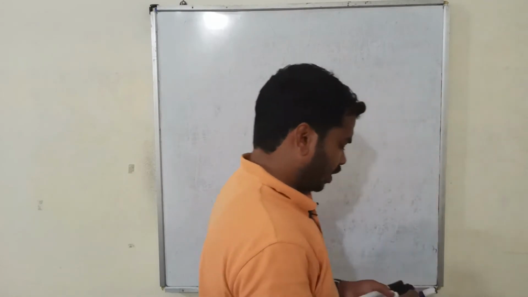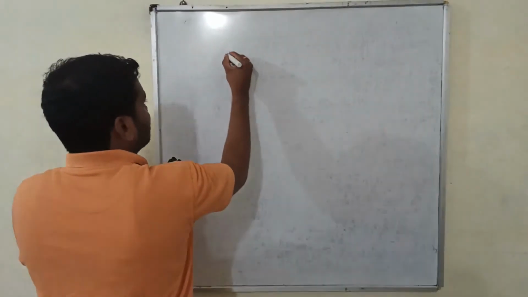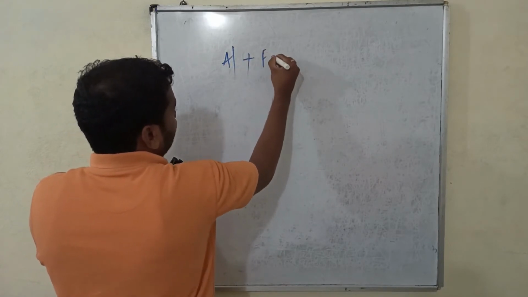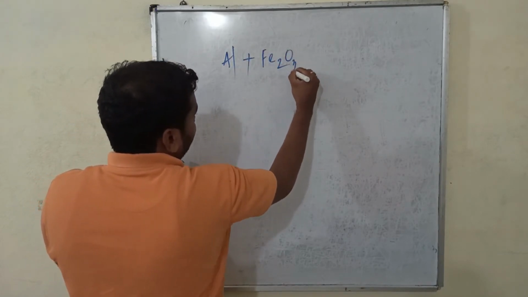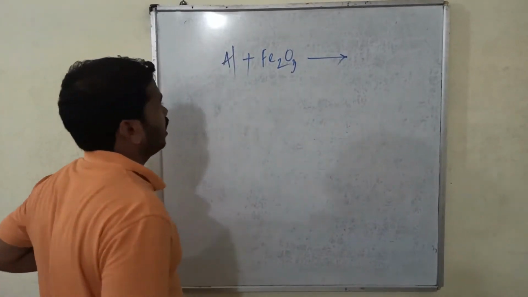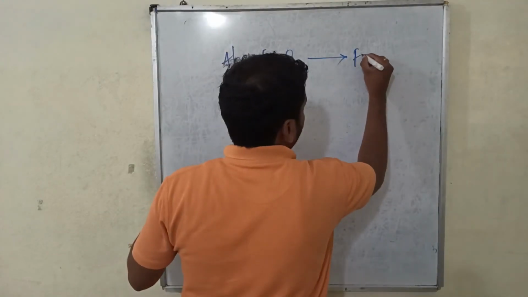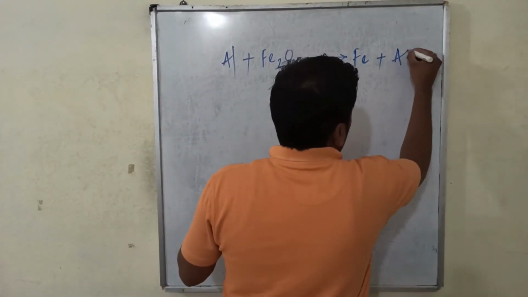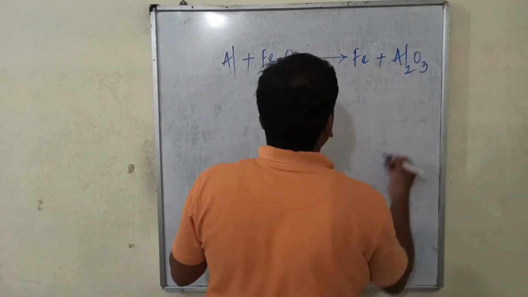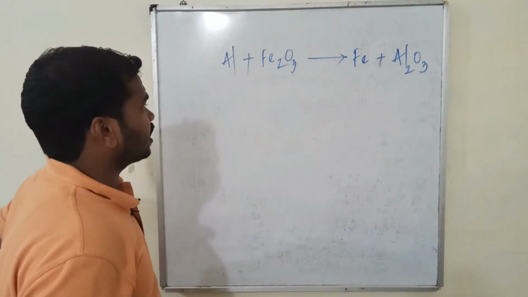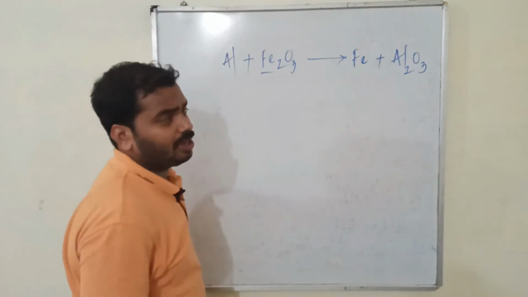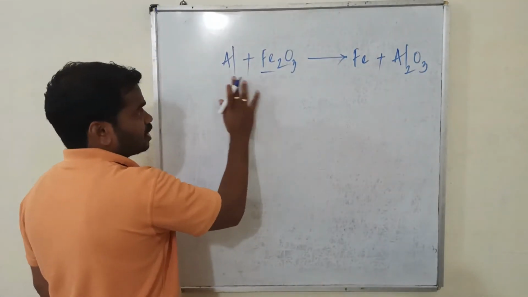There is an equation, the thermite equation, which we took while discussing in the previous session: Al reacting with Fe2O3, giving rise to iron plus aluminium oxide. Here it's a displacement reaction. This iron is replaced by aluminium.